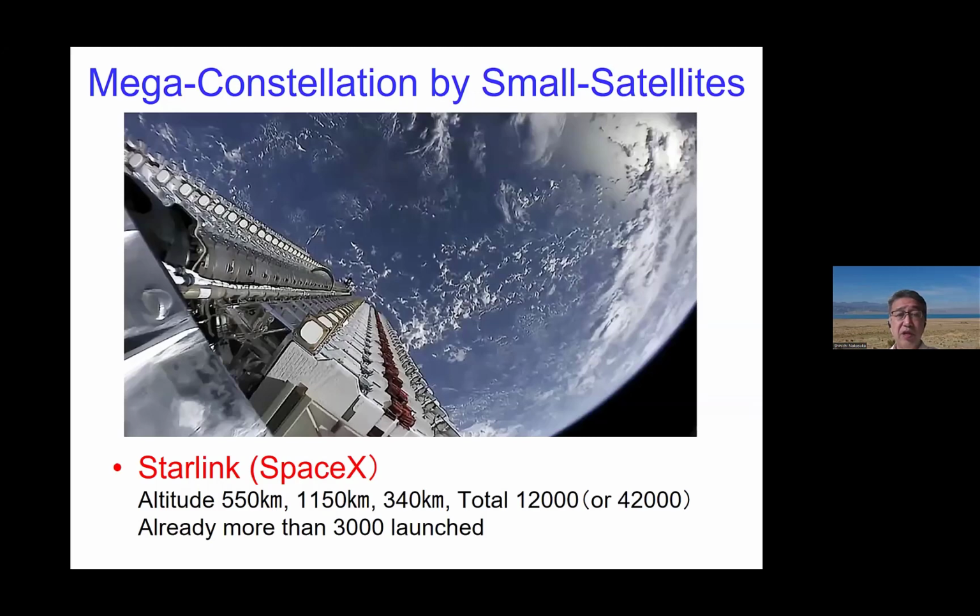As you know, there are several mega constellations already going on for business. Starlink has already launched more than 3,000 satellites, and they are targeting more than 10,000 satellites to constitute a kind of internet in the sky.